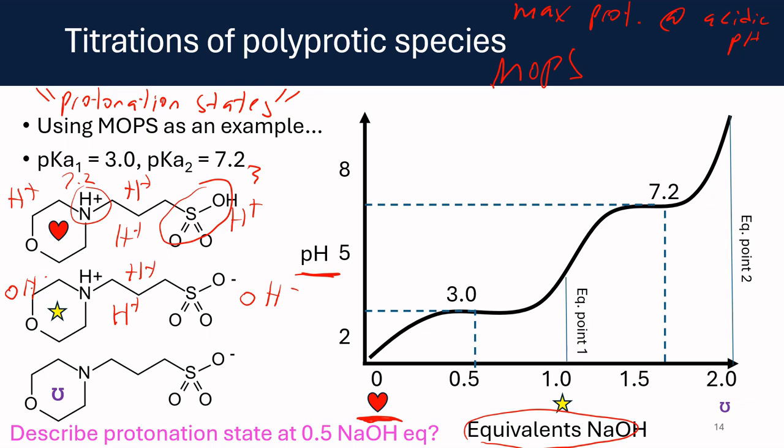And which one do you think is easiest to pry off? Is it easiest to remove the proton with the pKa of 3, or would it be easier to remove the proton with the pKa of 7.2? The lower the pKa, the more acidic that moiety or functional group is.